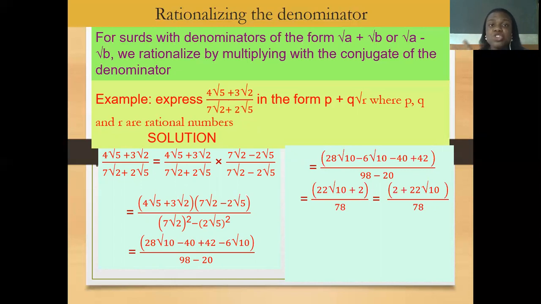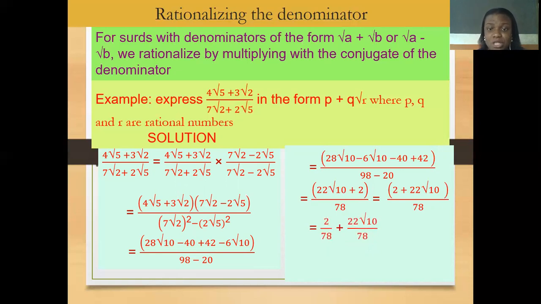Okay, now we know that we could have just stopped here, but we can't, because there's a specific form that you are asked to express your answer in, which is p + q root r. So now we can rearrange to (2 + 22 root 10) over 78. Then we separate. So 2 over 78 plus 22 root 10 over 78.